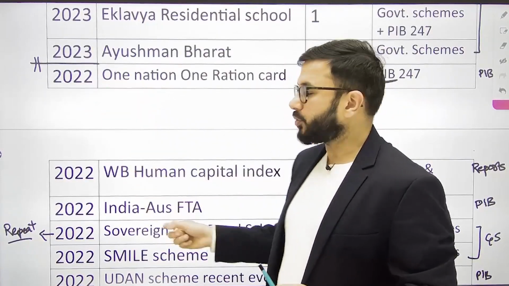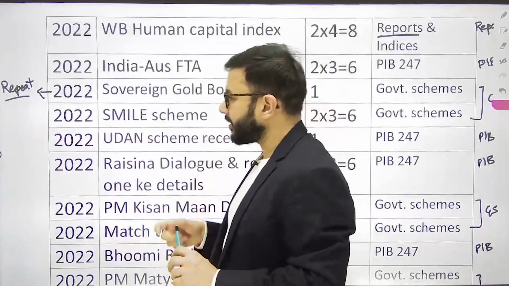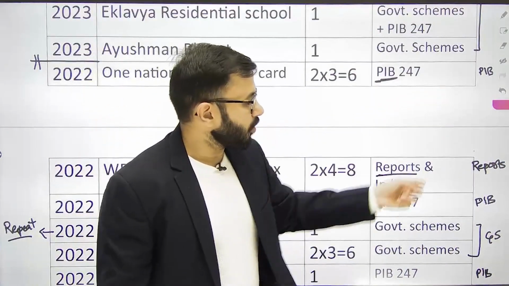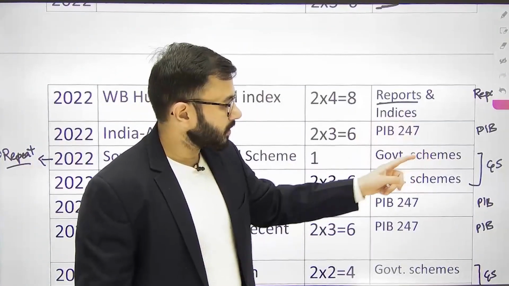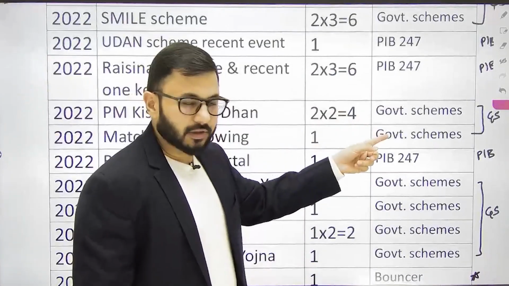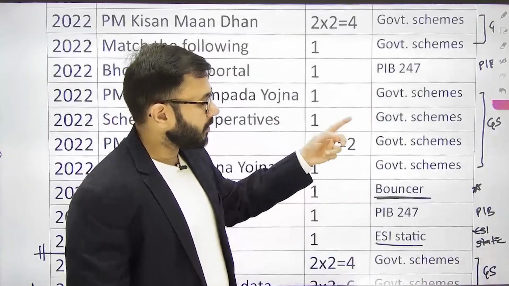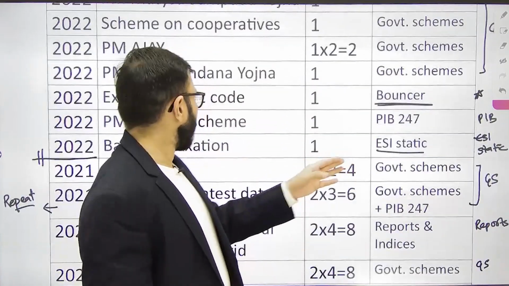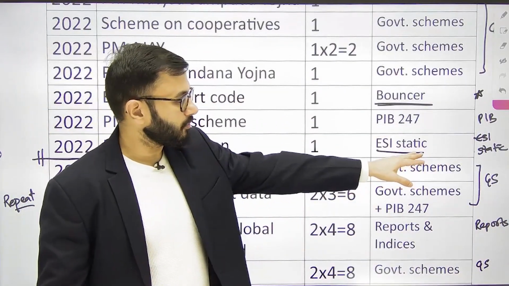But starting with 2022, after 2023, what do we see? What is the trend analysis? Question from PIB, question from reports, PIB, some questions from government schemes, PIB, again government schemes, a lot of PIB, a lot of government schemes, and towards the end we are seeing one question from ESI static.